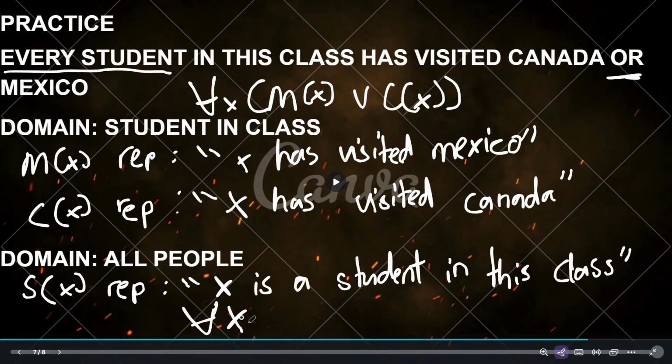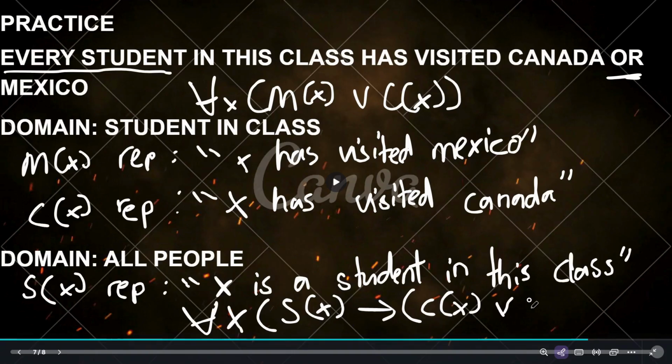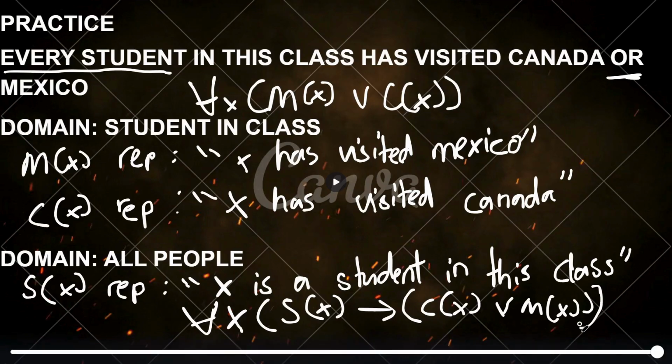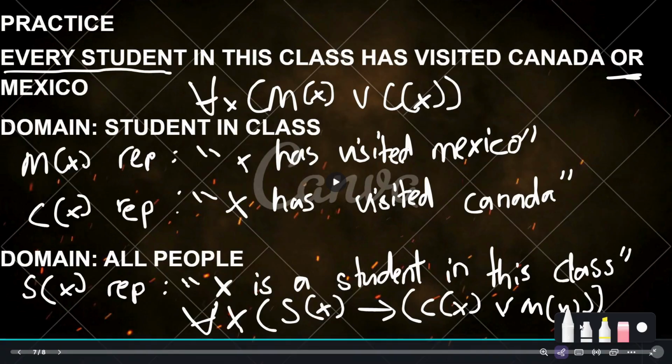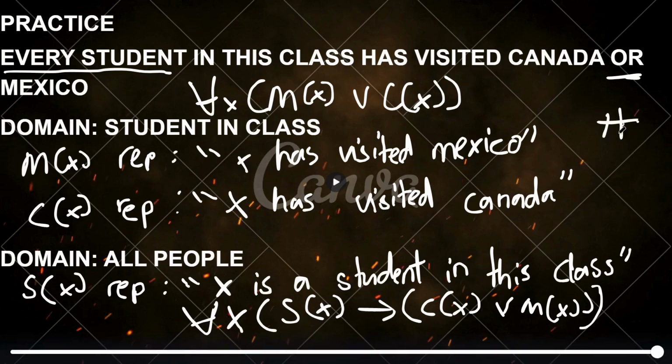So universal, what is it for? If x is a student in the class, then he has visited Mexico or Canada. So remember, for all people. So that's the score for translating quantifiers. Anyway, please take notes for doing the practice.